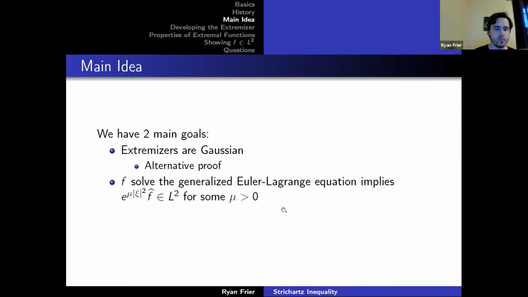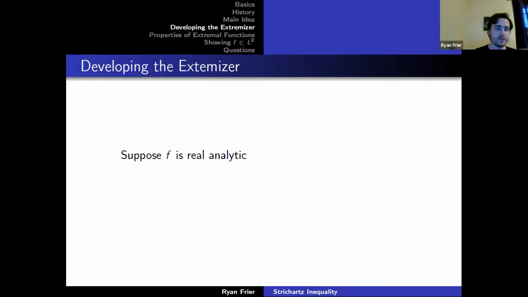And we'll find the specific μ that works for our case. All right, so those are our two main goals. And in fact, once we show this, that's going to imply that f is real analytic. So for now, just suppose that it's real analytic. We'll show that in a moment, but for now, just let's assume that it is.